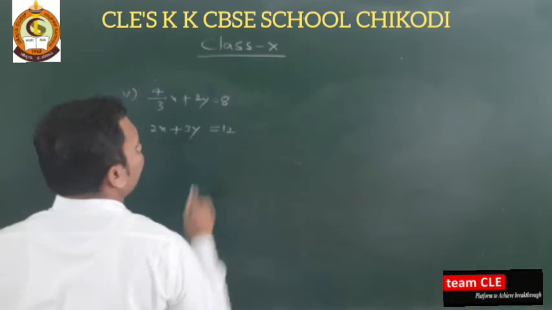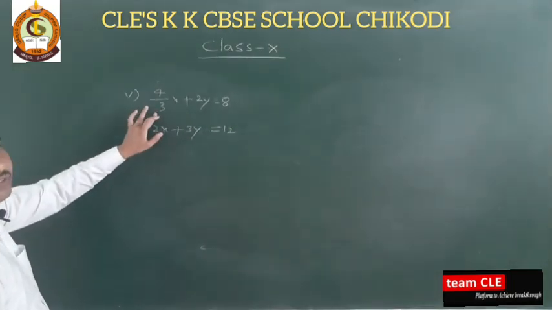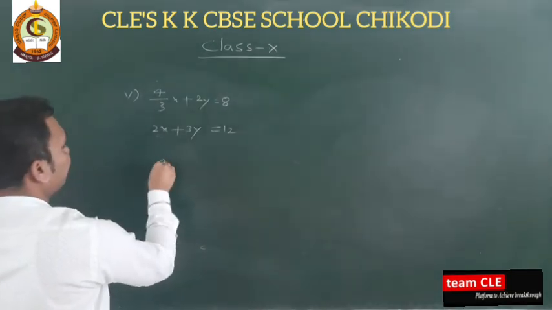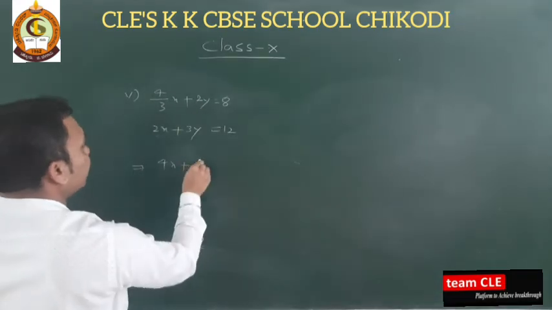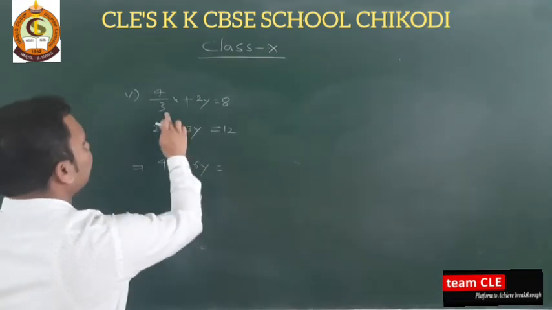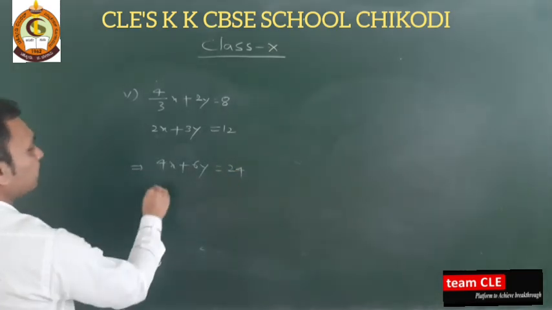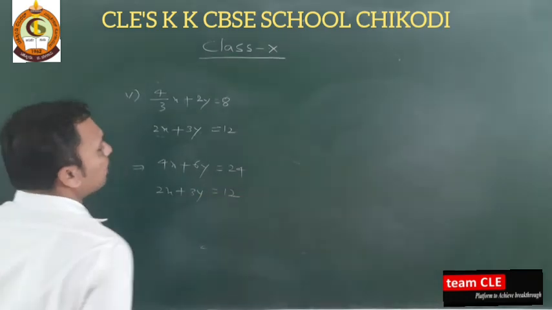Again here we have the fraction 4 by 3. To remove this fraction we need to multiply. Now this implies 4x, 3 into 2 will get 6y, 3 into 8 will get 24. And 2x plus 3y is equal to 12 as it is.